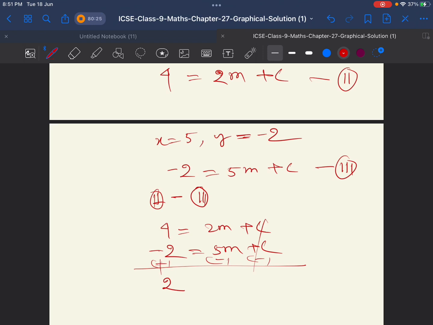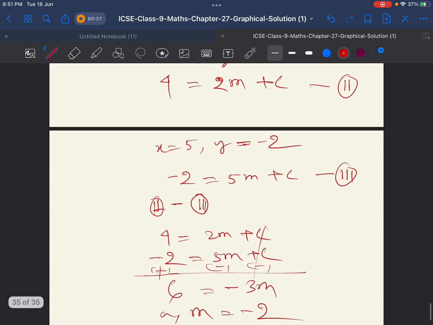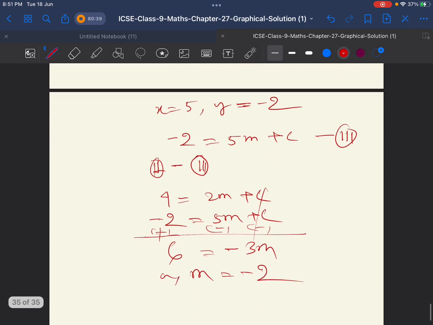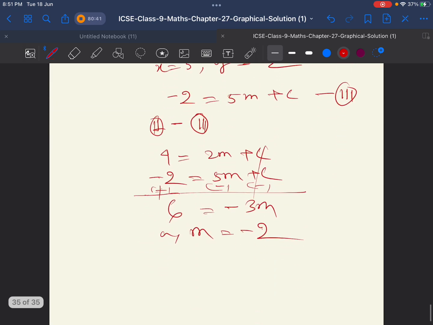So subtracting, this minus minus becomes plus. So this is 6 equals minus 3m, or m equals minus 2.